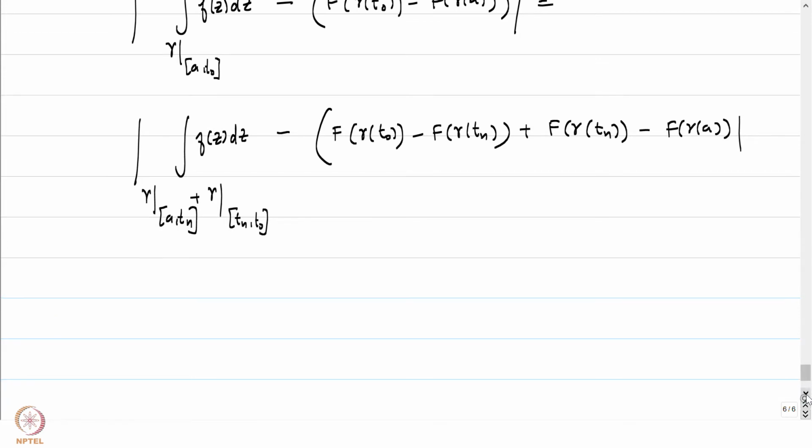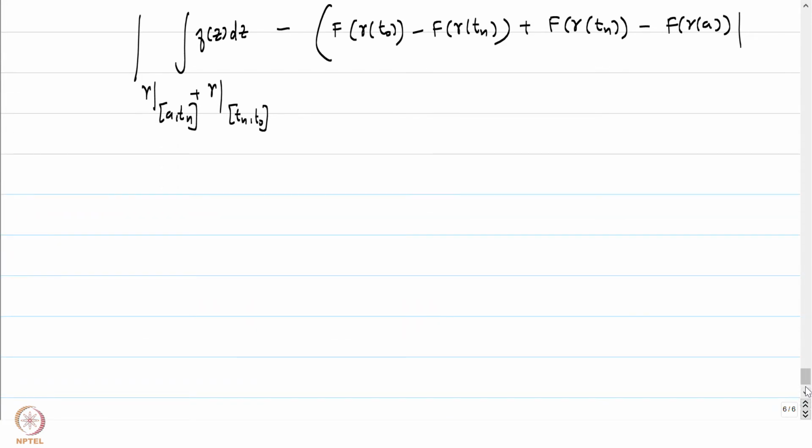And by the properties of the complex integral we have already discussed, this is just going to be equal to the absolute value of the integral of f(z) dz over gamma restricted to [a,tn] minus f of gamma of tn minus f of gamma of a.